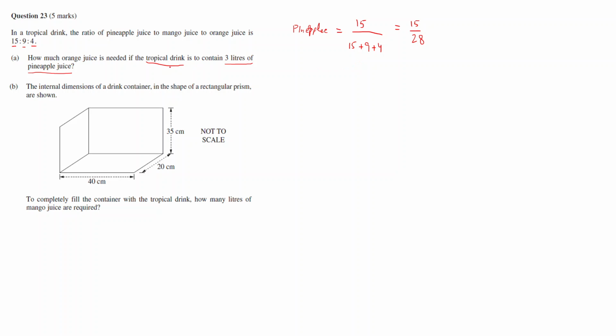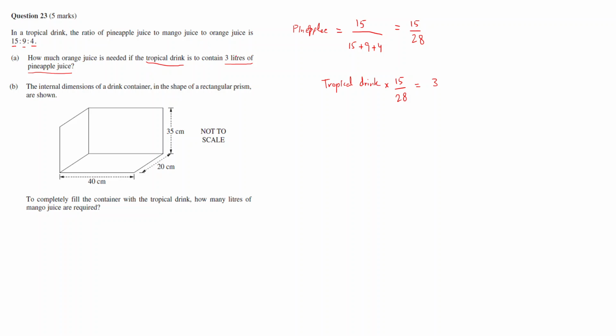So now coming here, we are told that there is a tropical drink, okay? This is the full drink. What this is telling me is that the tropical drink multiplied by 15 over 28, which is the proportion of pineapple in the total drink, is equal to 3 liters.